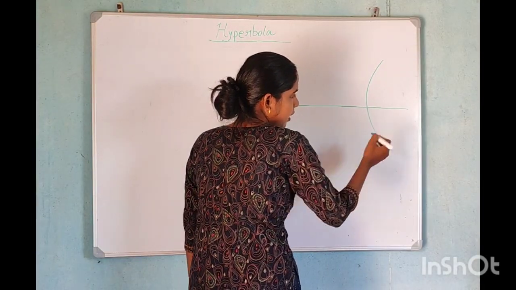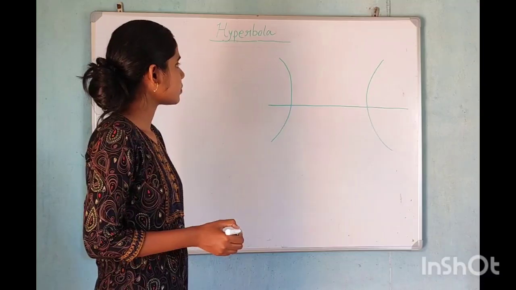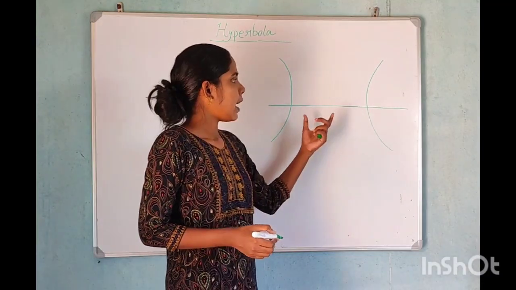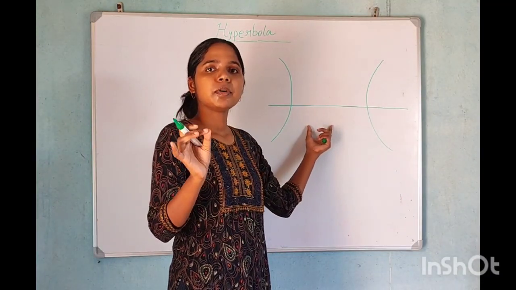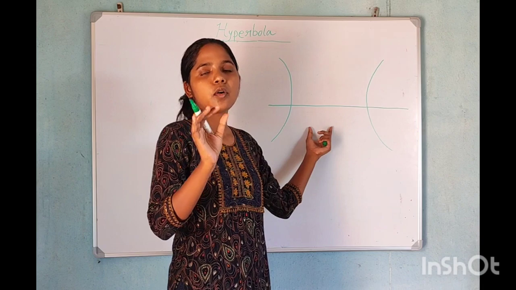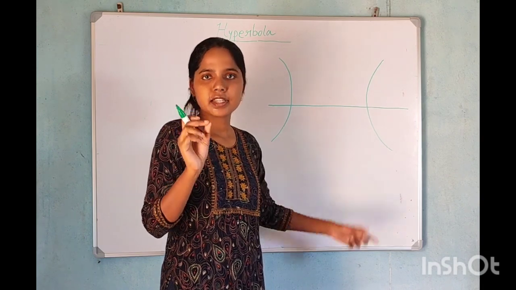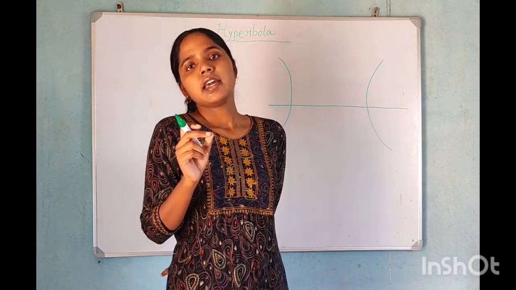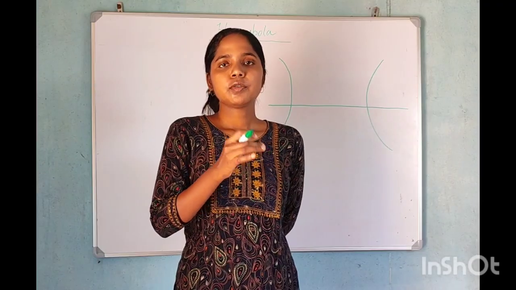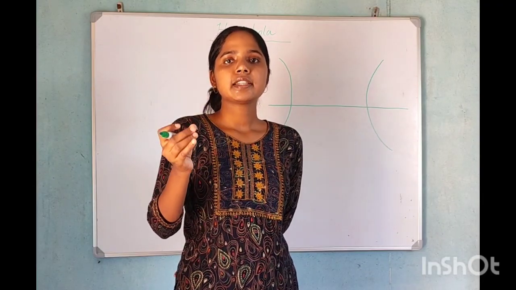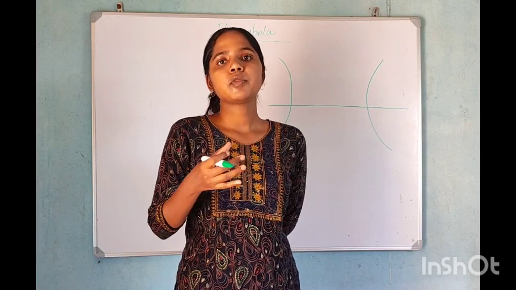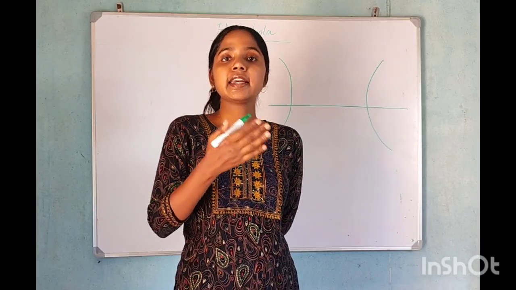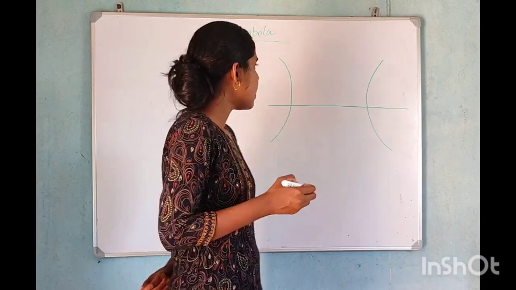This is the graph of a hyperbola. And the formulas of hyperbola and ellipse are almost the same except the basic definition. In ellipse, we say that the sum of distances of points from two fixed points is constant, and here the difference is constant.